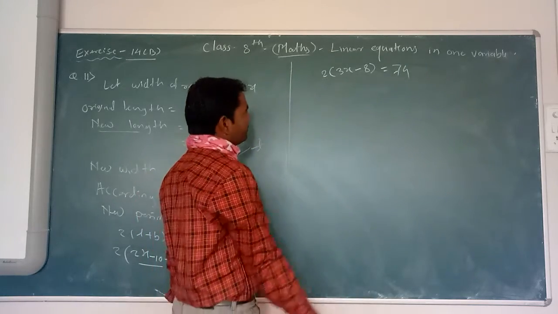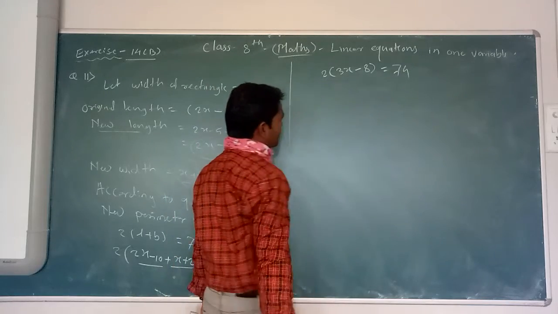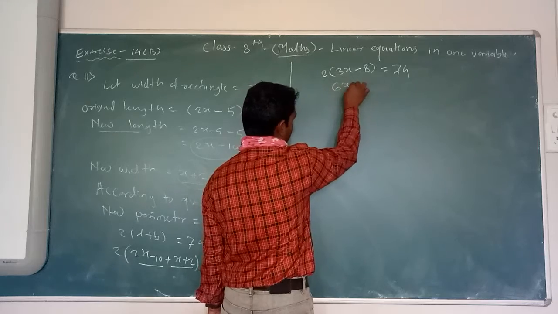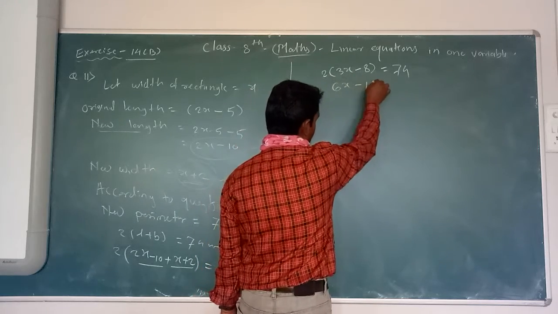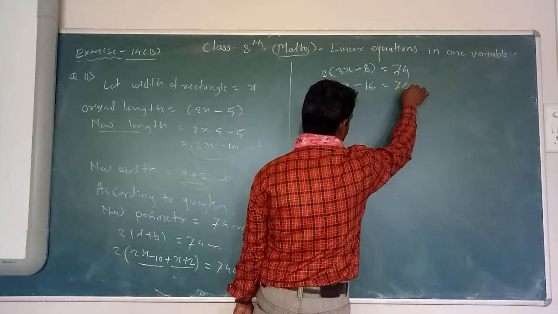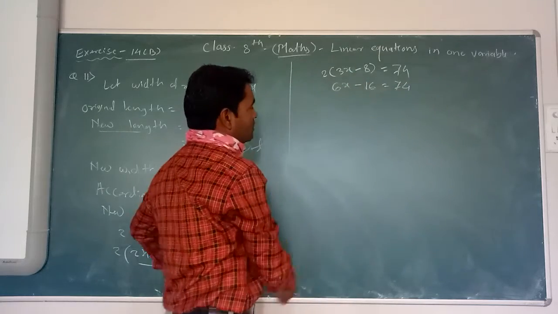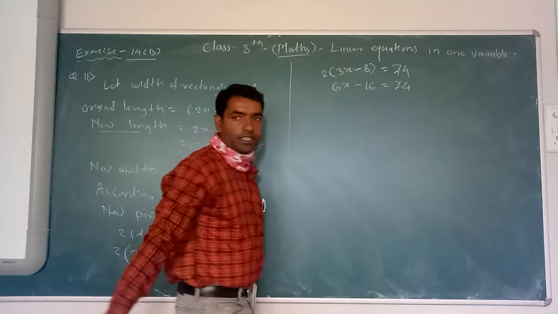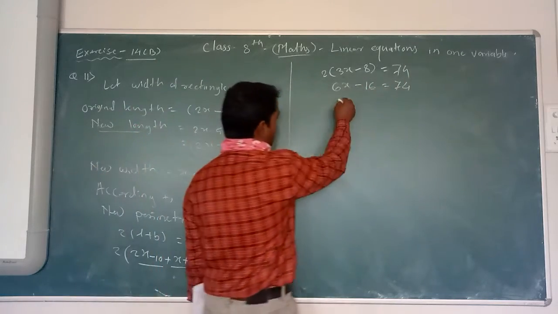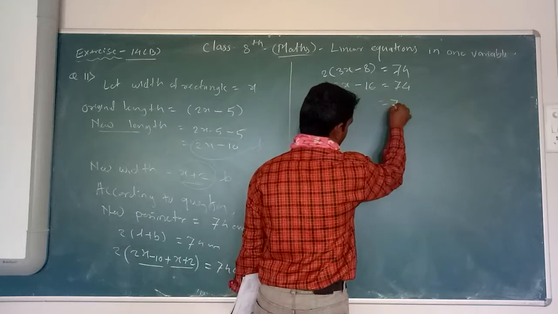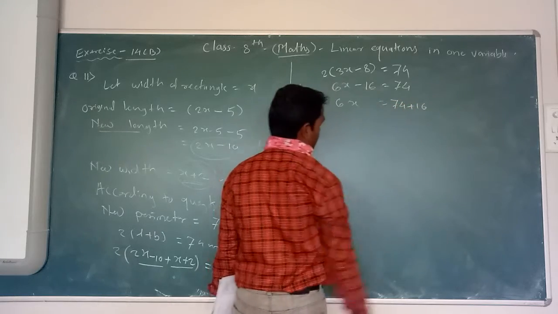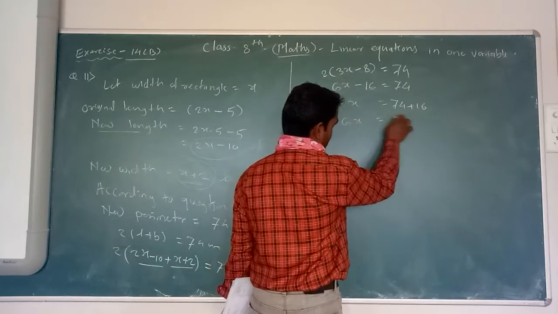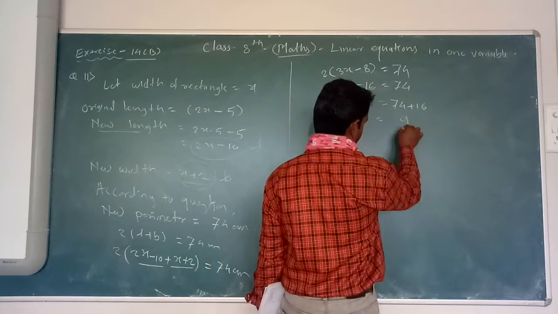Then 2 into 3 is 6x, 2 into 8 is 16, so 6x minus 16 is equal to 74. Now send this 16 to the other side. It is minus here, so when it goes to the other side it becomes plus. Therefore 6x is equal to 74 plus 16, which is 90.